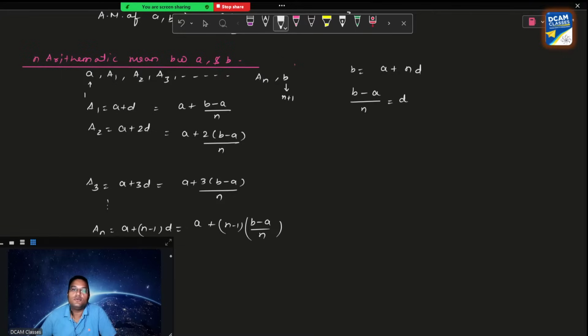Okay, now this is how you find arithmetic means, different arithmetic means, and arithmetic mean with a and b.